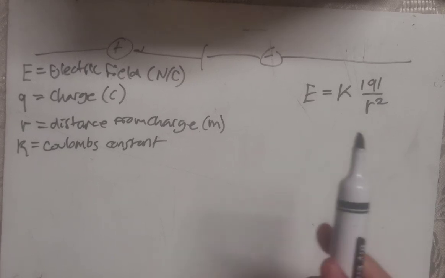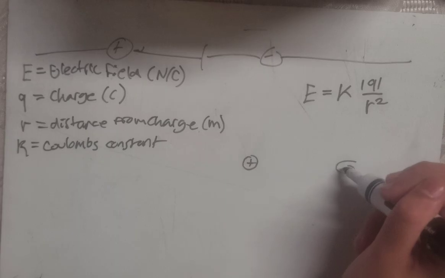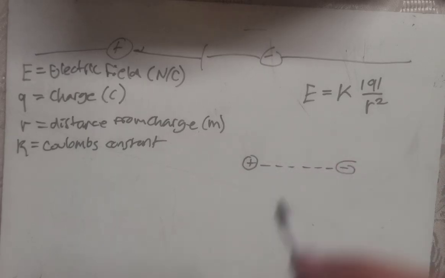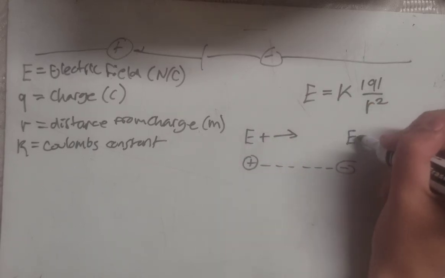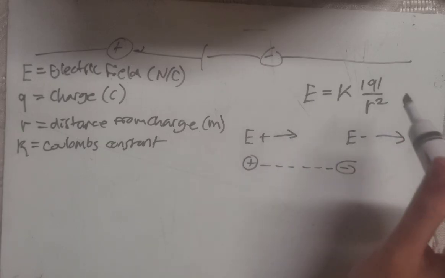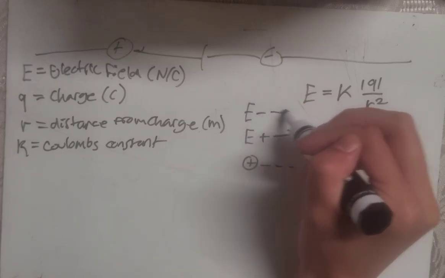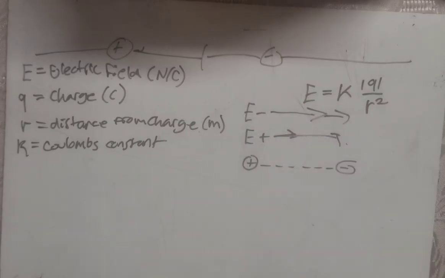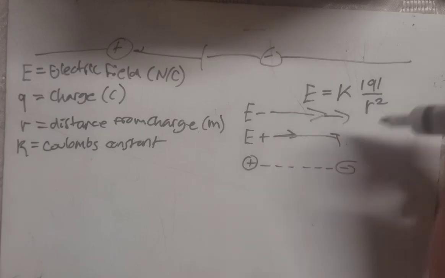First I'll check the space between the charges. So it looks something like positive, negative. The electric field from the positive charge would be pointing to the right, and the electric field from the negative charge would also be pointing to the right. The electric fields point away from the positive charge and towards the negative charge.